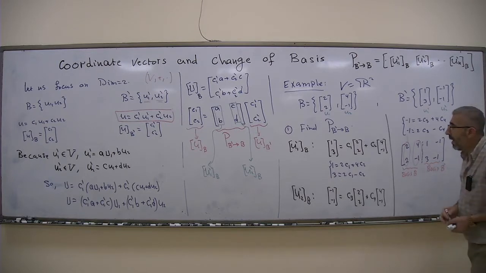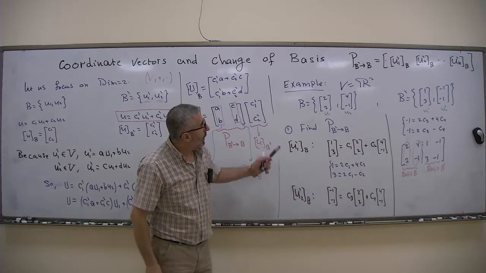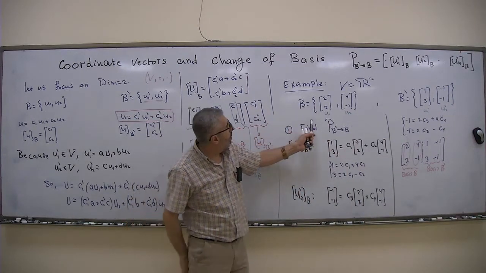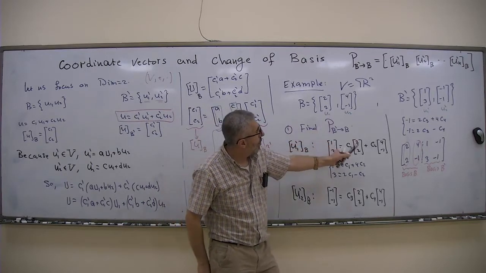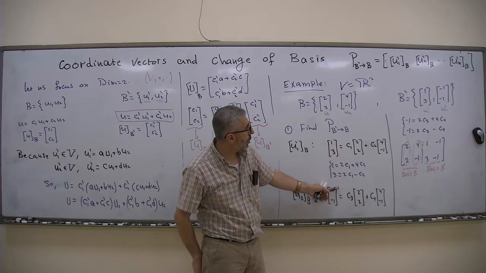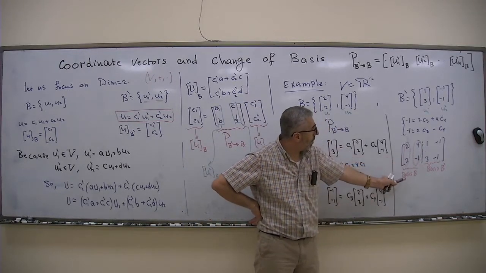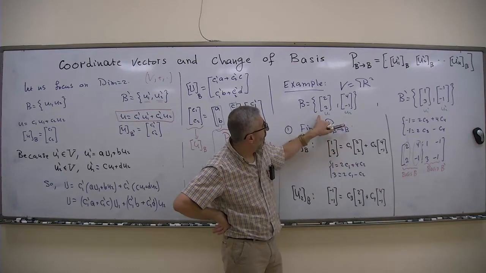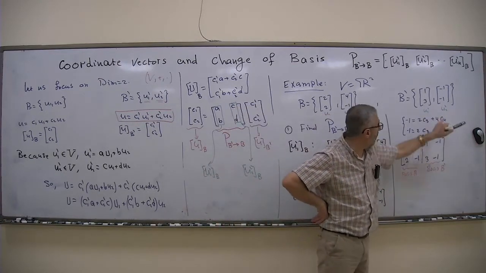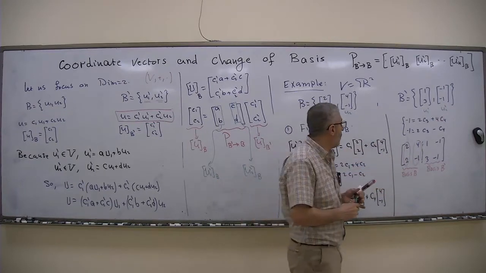So basically here, after this example, you can jump right away from here to start with this. You don't need to write this. You can see here a shortcut. You put two matrices. The first one is coming from this basis. The second one is coming from this basis. And now you do elementary row operations to get reduced echelon form.